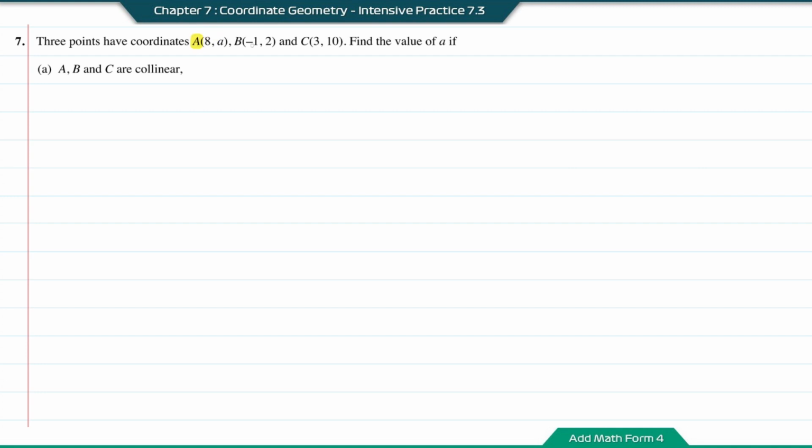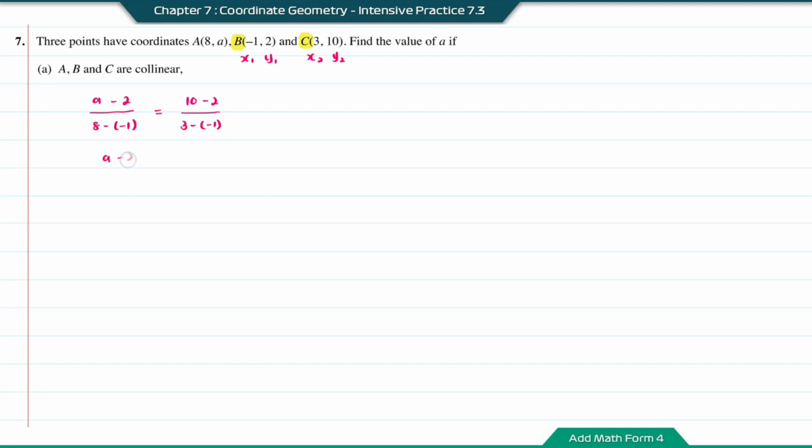So first, we're going to use the points A and B. So here, (a - 2)/(8 - (-1)). This is the same as the gradient when we are using the points B and C. So here, (10 - 2)/(3 - (-1)).